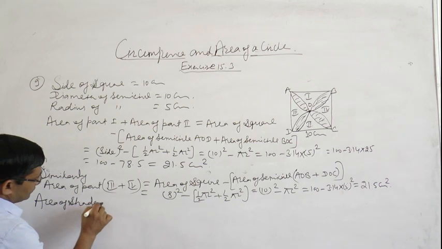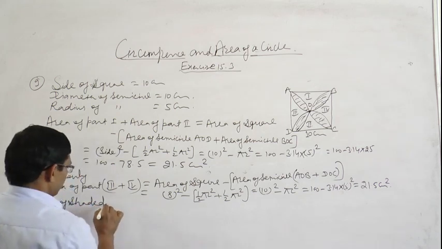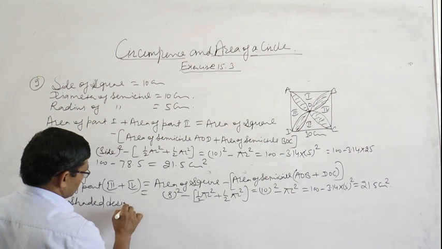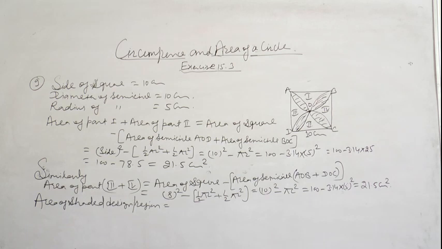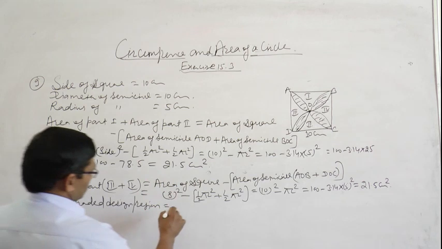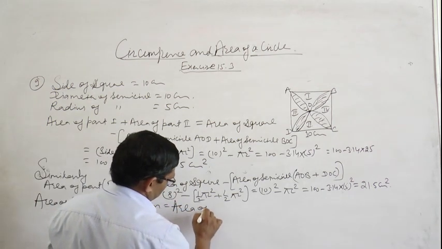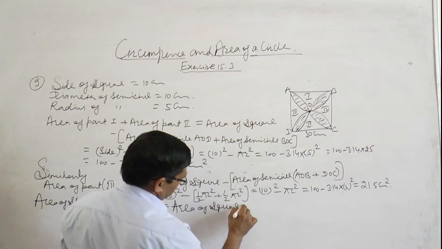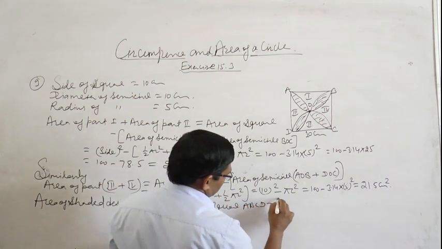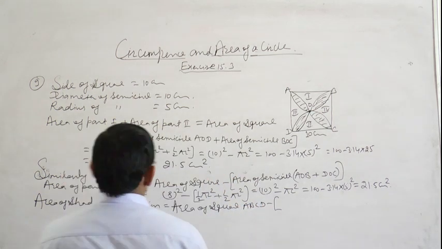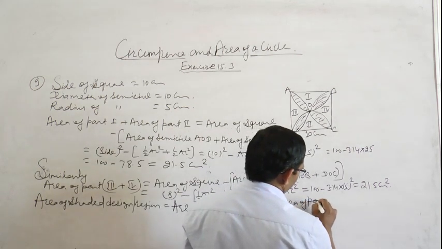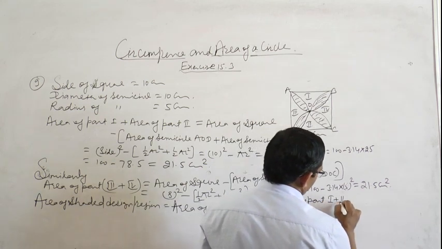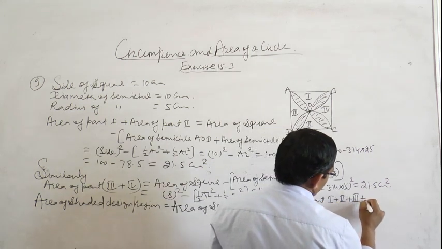Now area of shaded design region is equal to area of square ABCD minus area of part first plus second plus third plus fourth.